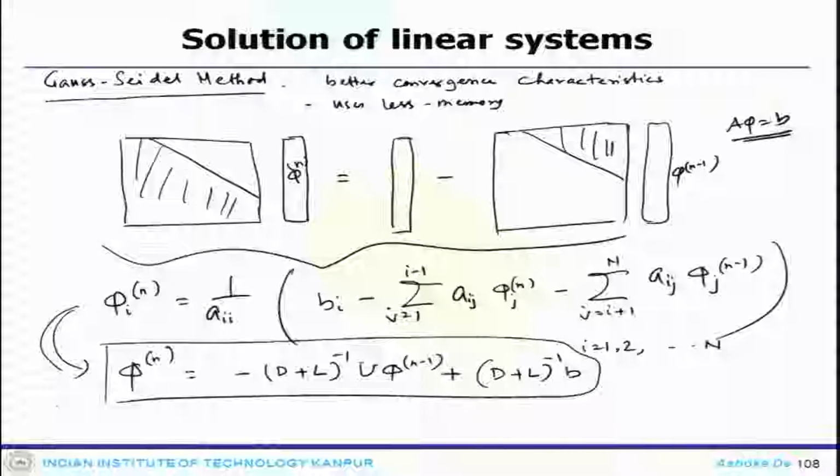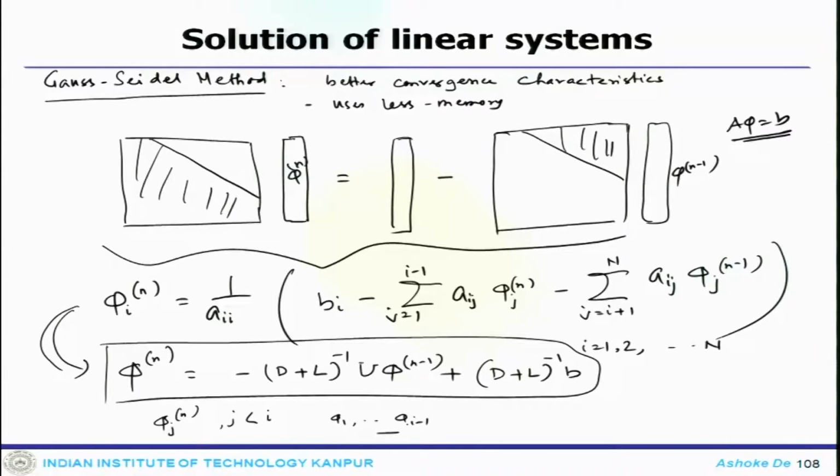The Gauss-Seidel method uses the most recent values in its iteration, especially if you look at phi j at nth level when j is less than i, since by the time phi i is to be calculated, the values of phi 1 to phi i minus 1 are used, which are the most recently calculated in the ongoing iteration.